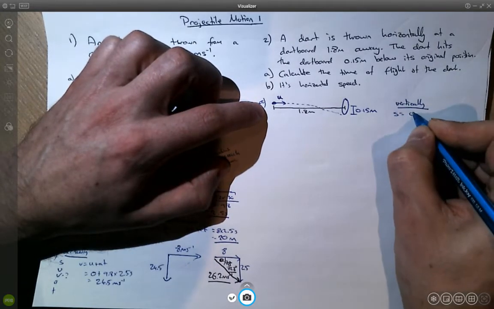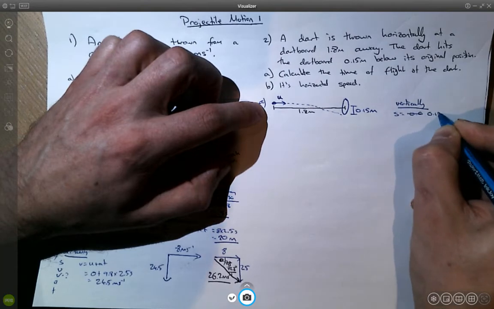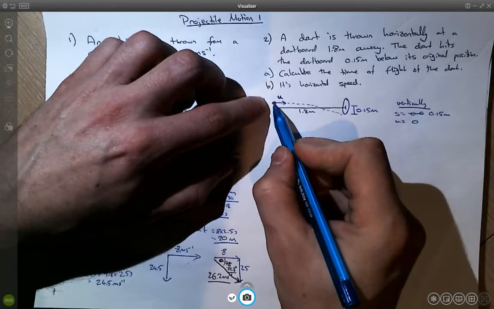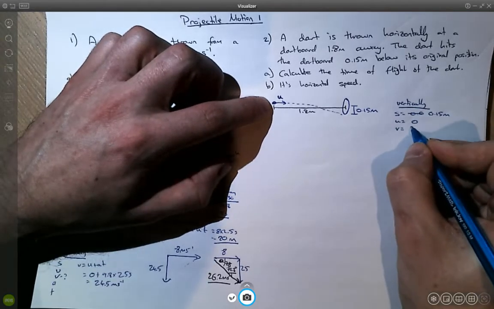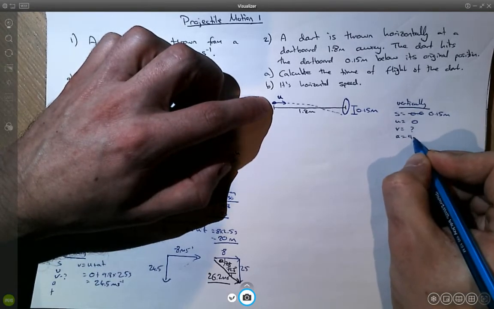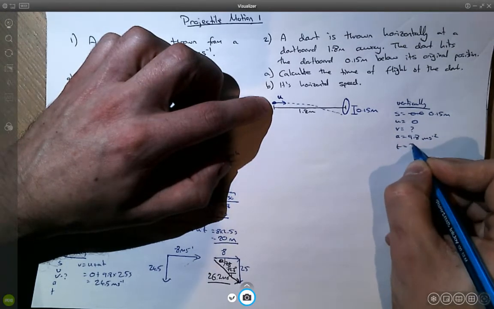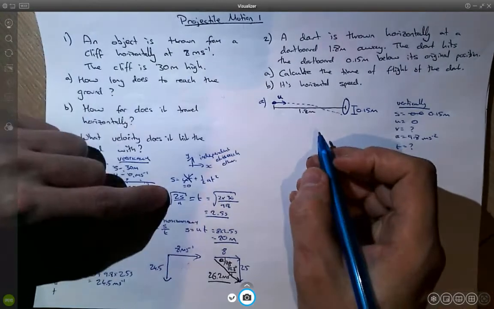Vertically, S is 0.15. U is 0 vertically because there's no initial vertical velocity. V we don't know. A is obviously due to gravity, 9.8 meters per second squared. And T is what we're being asked to find out. So exactly the same as this problem here.